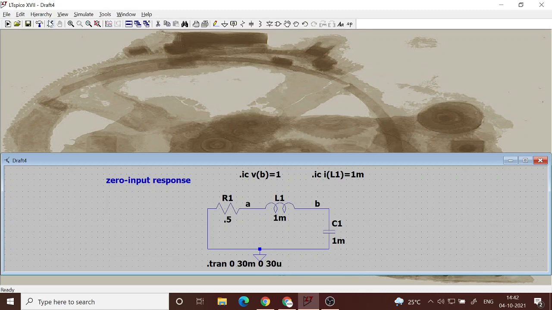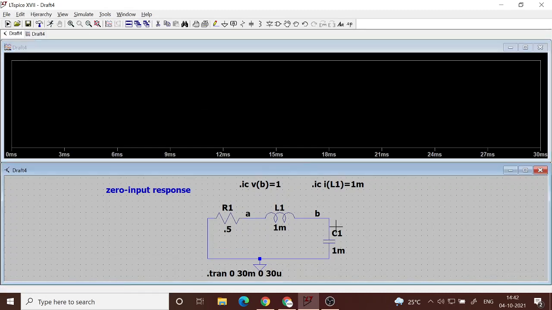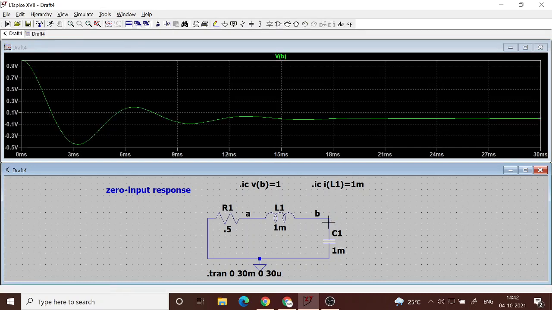Then I would like to see what happens to the voltage. This is the combined effect of both. You see that this is a practical kind of voltage that you can get. So this is zero input response. Now the total response.